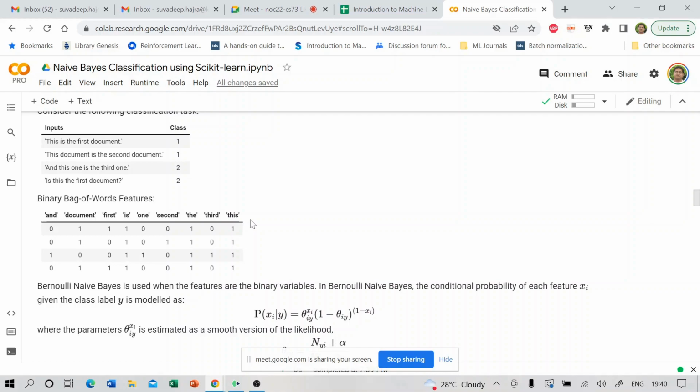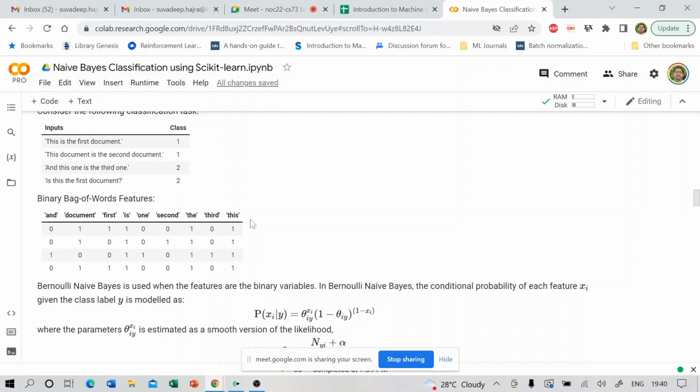When the data is binary, we can model the conditional probability of x_i given y as a Bernoulli distribution with some parameter theta.